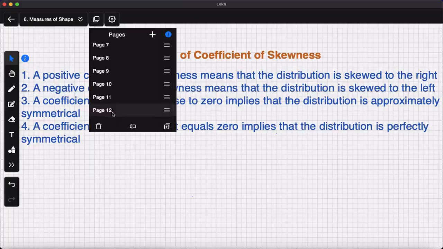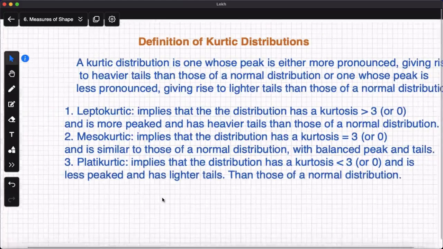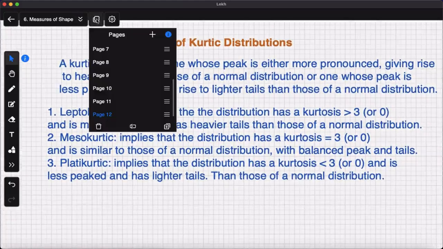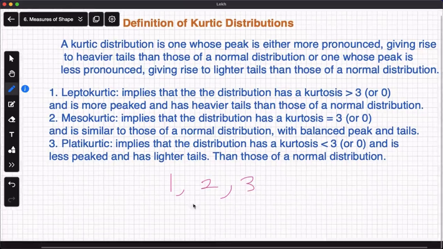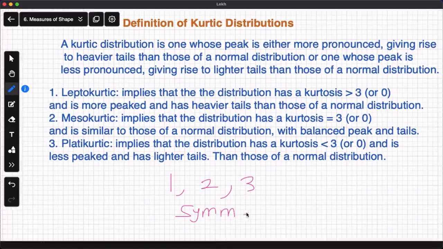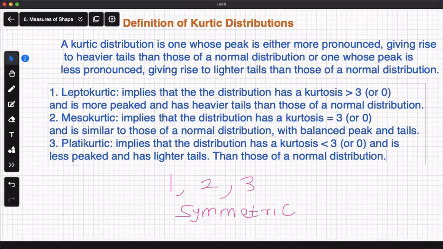Well, a distribution can actually be symmetric, and yet it is not normal. So please take note of that. In this case, the distribution that we had, which is 1, 2, 3, that we used in our example, actually is symmetric and platykurtic. Please, the word platykurtic should actually have a Y there.